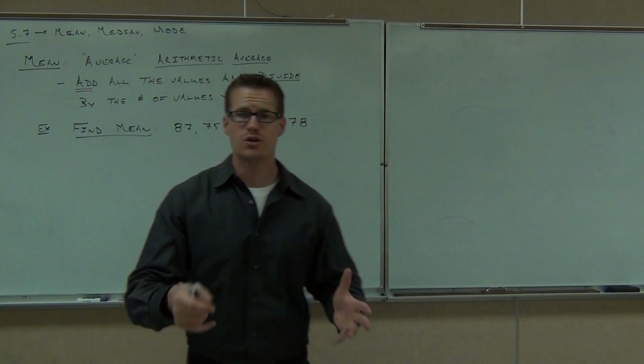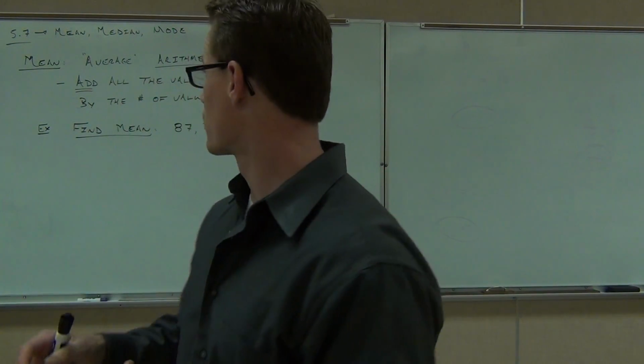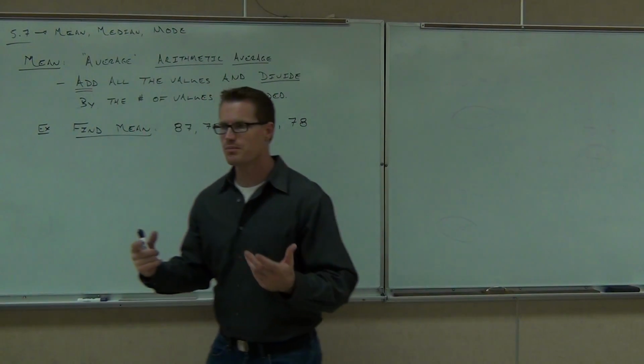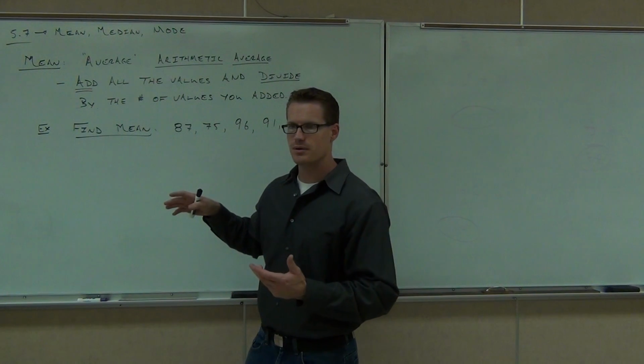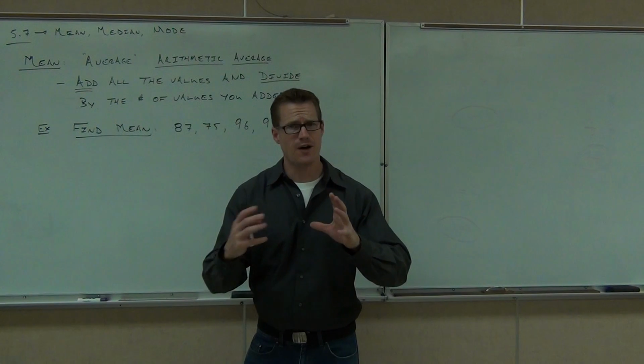What I want you to do, what I want us to do, I want to find the arithmetic average, or the mean. I want to find the mean of these numbers. What the mean says to do, you add all of them up, and then you divide by the total number of numbers that you added, or the number of values that you added.